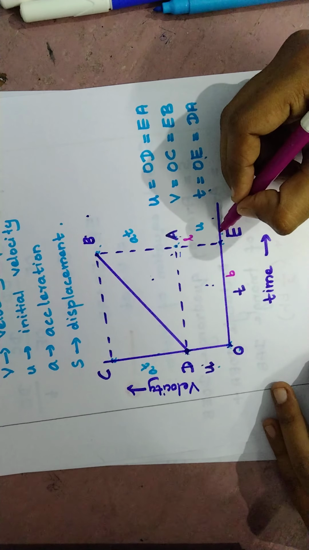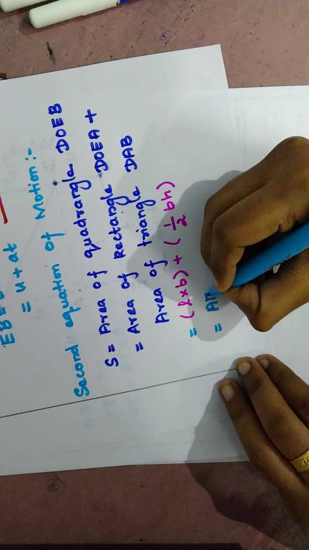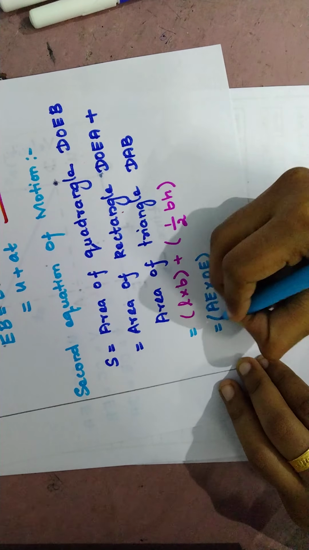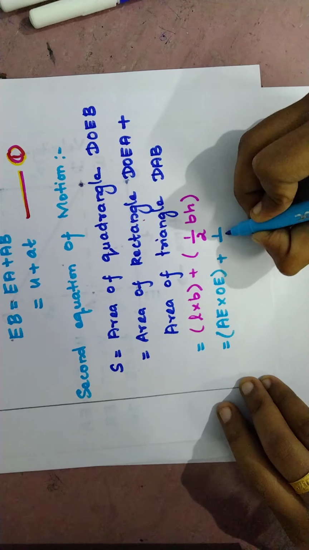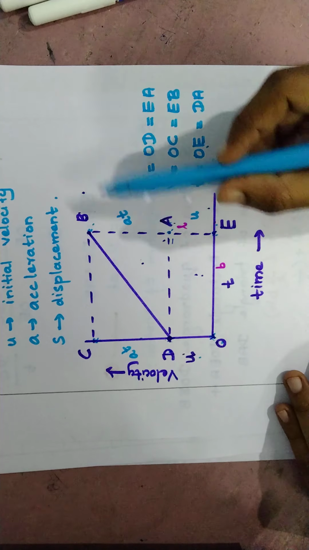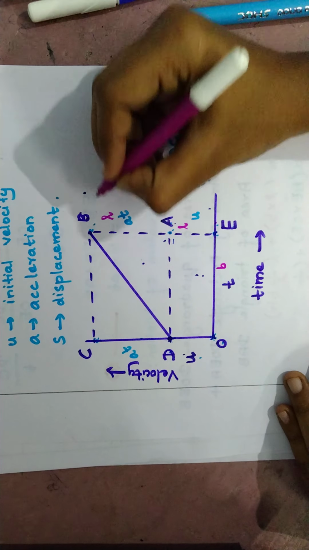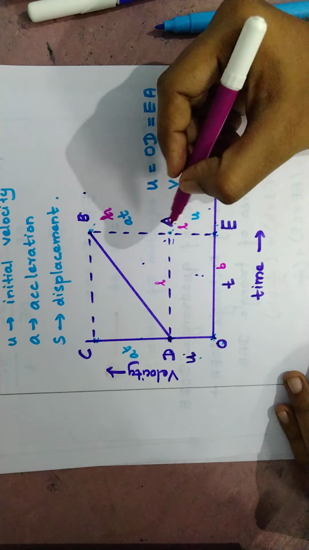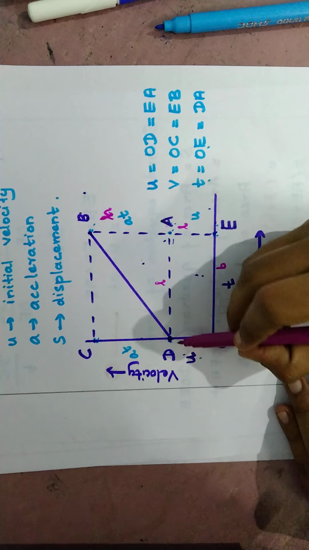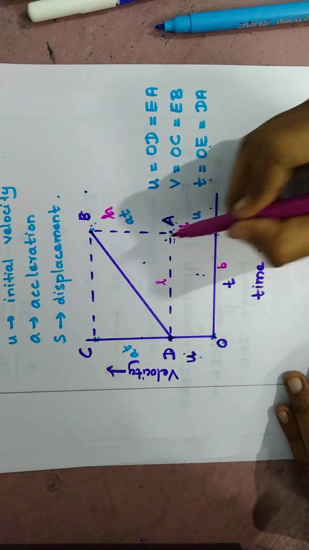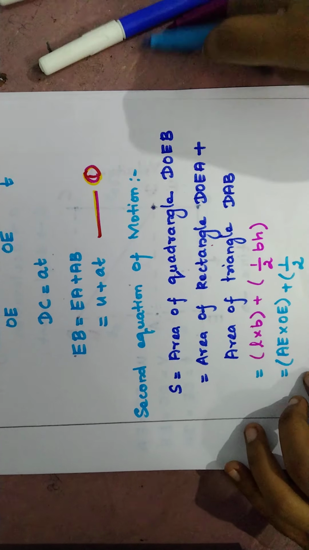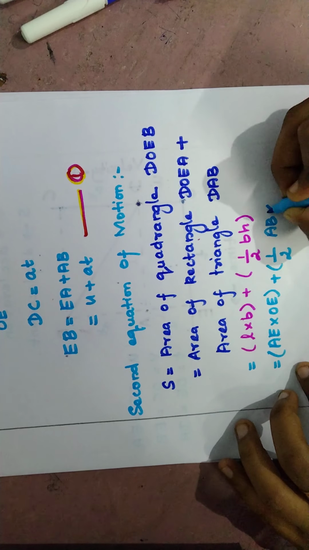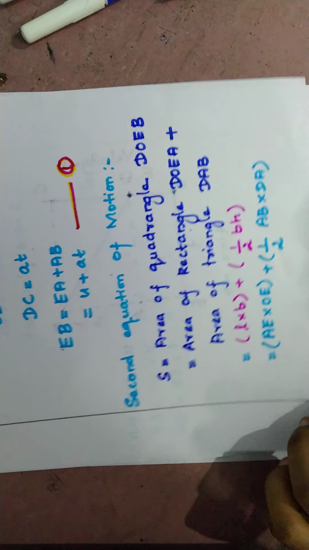So L into B, AE into OE, plus half into, this is height, this is L, so AB into DA. AB into DA, okay?